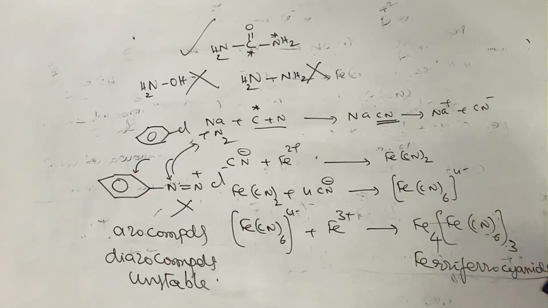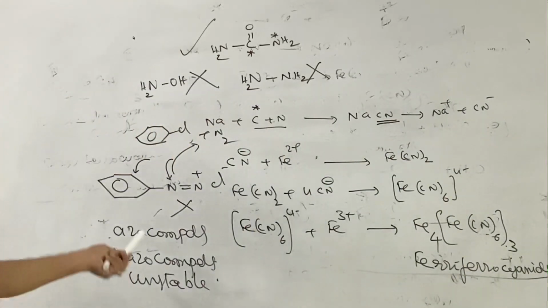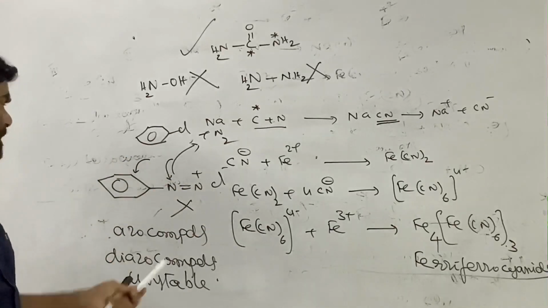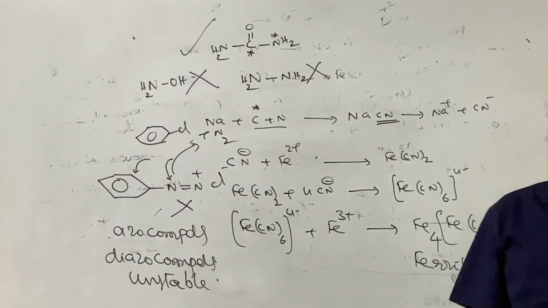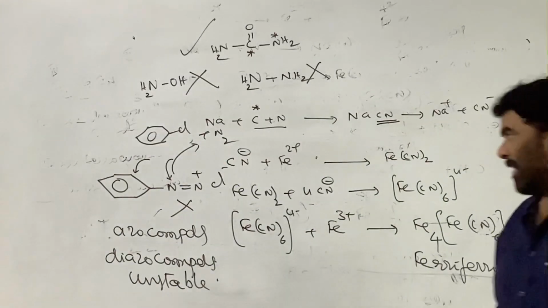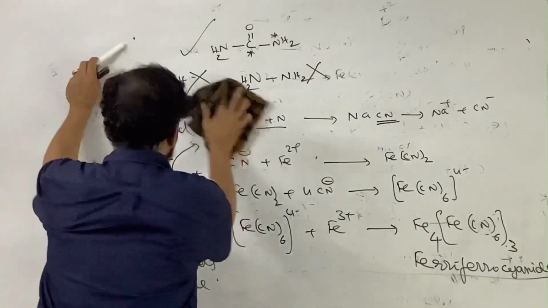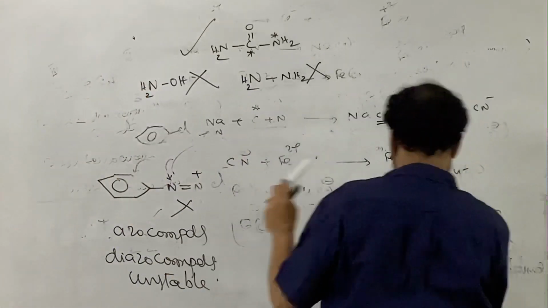Therefore, they do not give the test. So diazonium salts do not give the Lassaigne's test for nitrogen. See, the next one is the test for nitrogen.